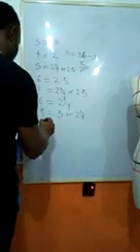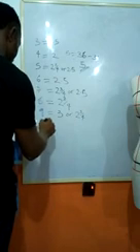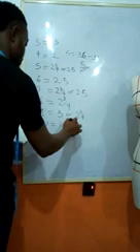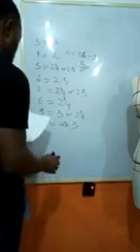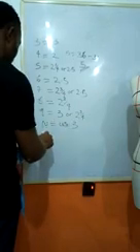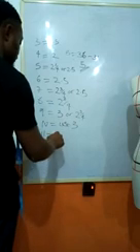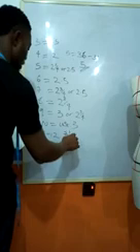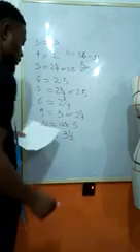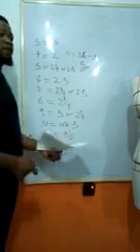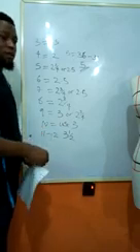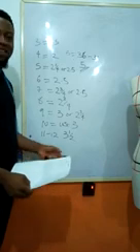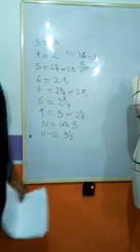And when the difference is 10, use 3. When the difference is 11 to 12, use 3.25. Now when the difference is more than this, use your head, right? When the difference is more than this, you know what to do. Yeah, so thank you.